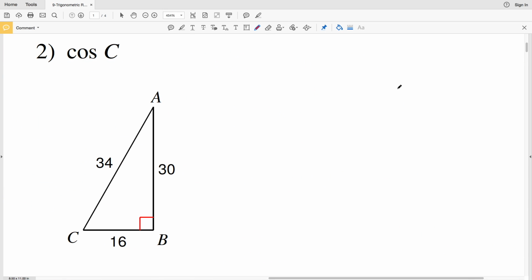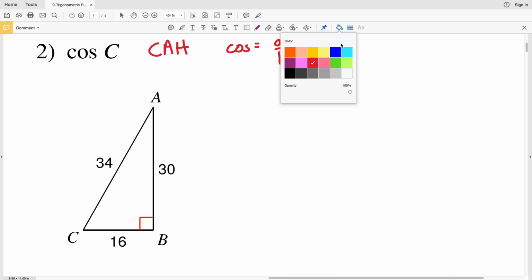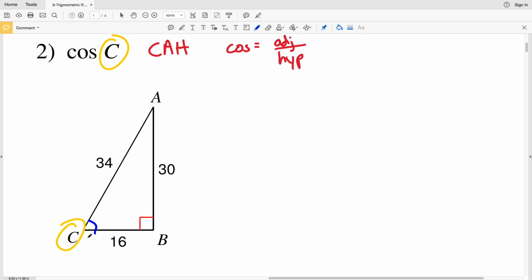In number 2, we're looking at cosine. So cosine equals the adjacent over the hypotenuse. And remember that adjacent is the side that touches, excluding the hypotenuse. So our angle is C. Adjacent to C, touching that's not the hypotenuse, is 16, over the hypotenuse, which we know is always directly across from the right angle, is 34.